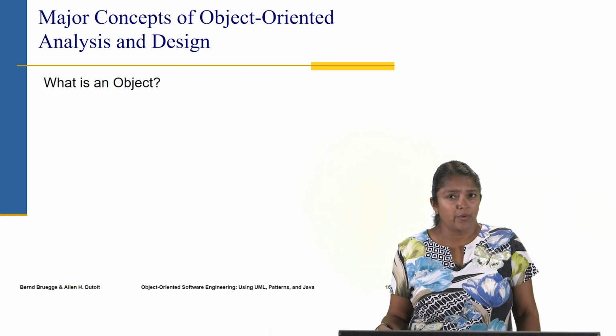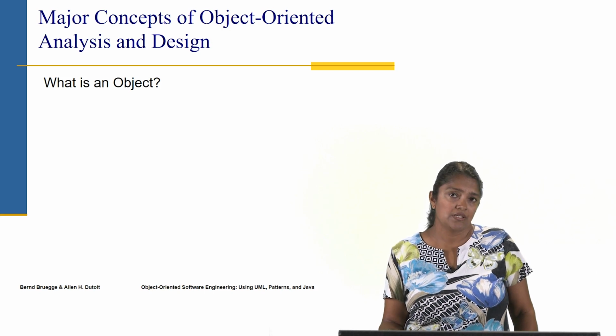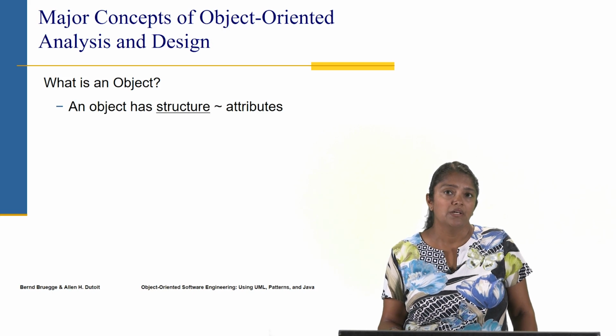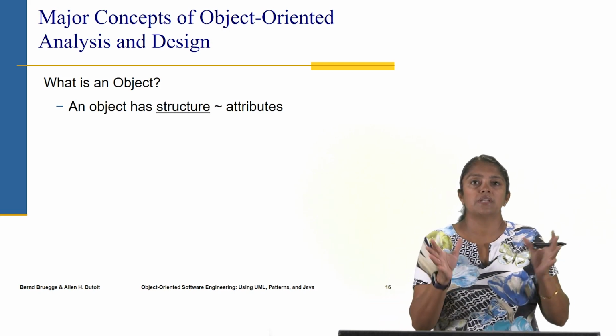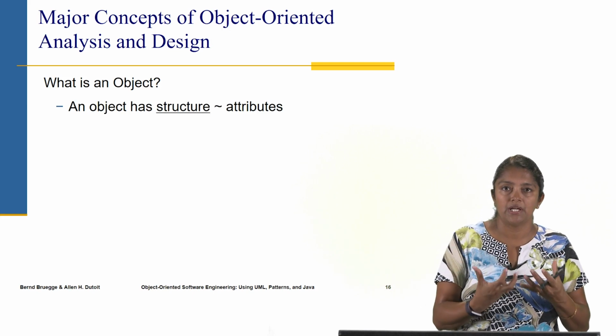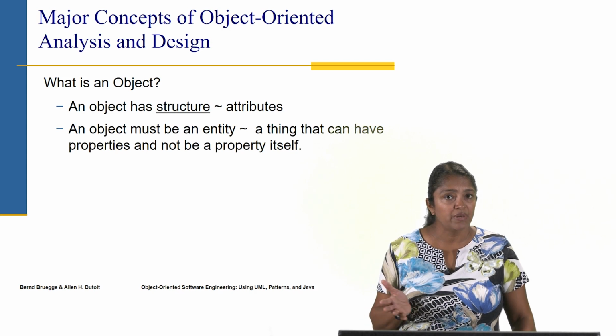So that brings us to the question, what is an object? It's important to understand that. Basically an object has a structure, so it has some attributes, and that's the data part, the data that's held in the object. And then it must be an entity.